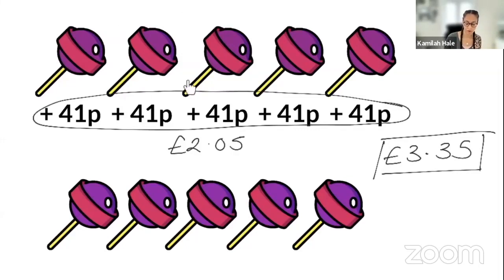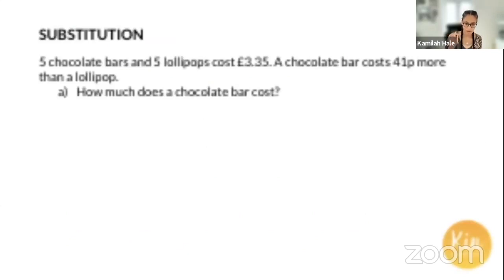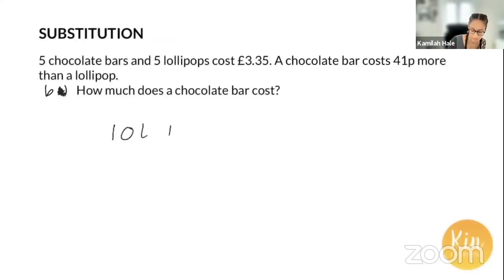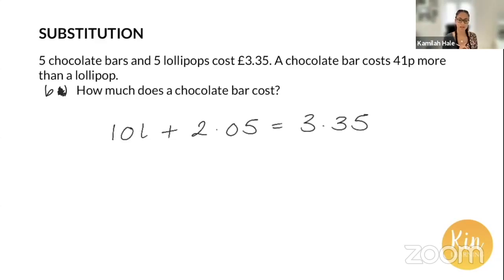So 10 lollipops plus £2.05 equals £3.35, because I replaced all of the chocolate bars with their equivalent value here. Okay, so if I write that down, then I know that 10 lollipops plus £2.05 makes £3.35.